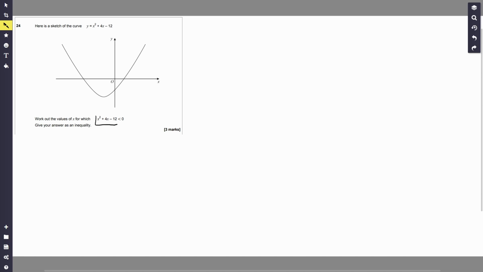So this here, I want you to notice, is the same as this one up here, right? So that means that we want the values of x. I'm just going to clarify the question a bit. So the values of x for when y is less than 0, right?